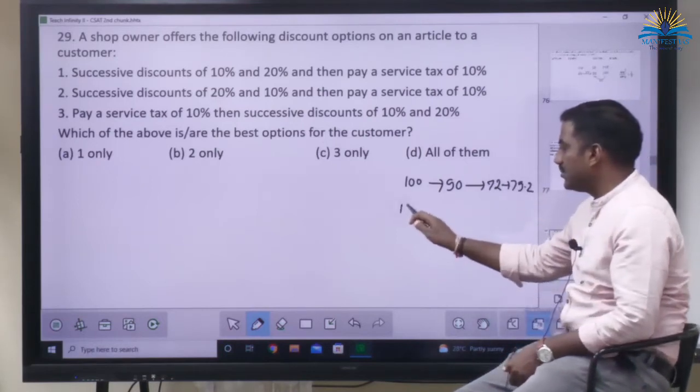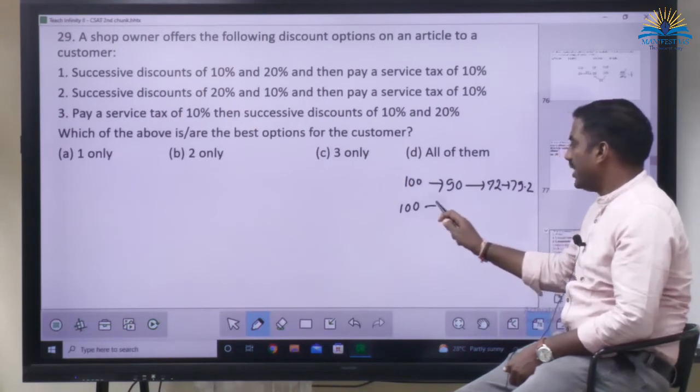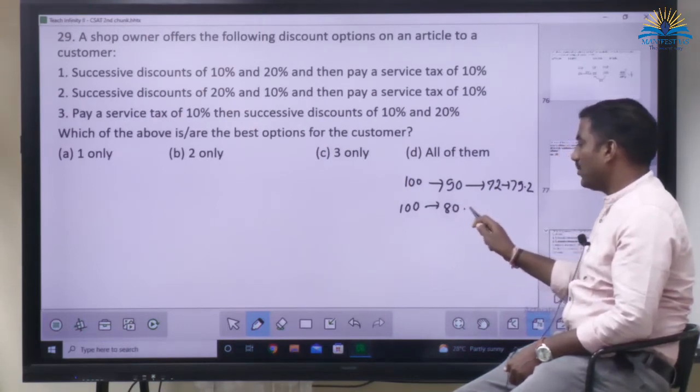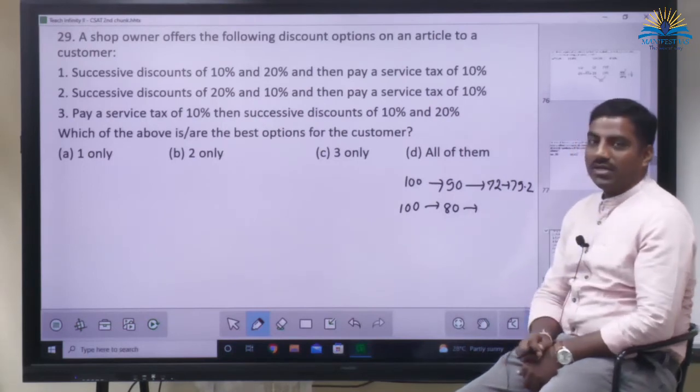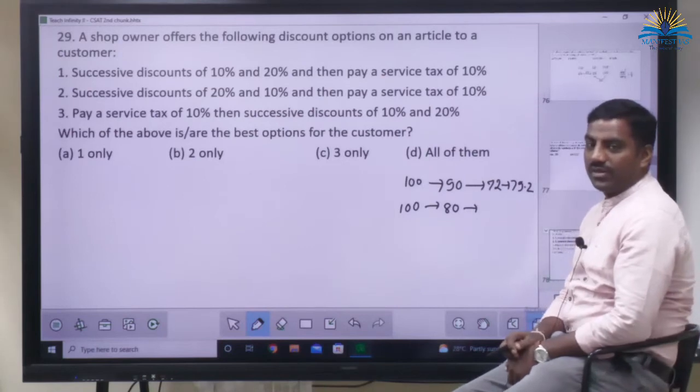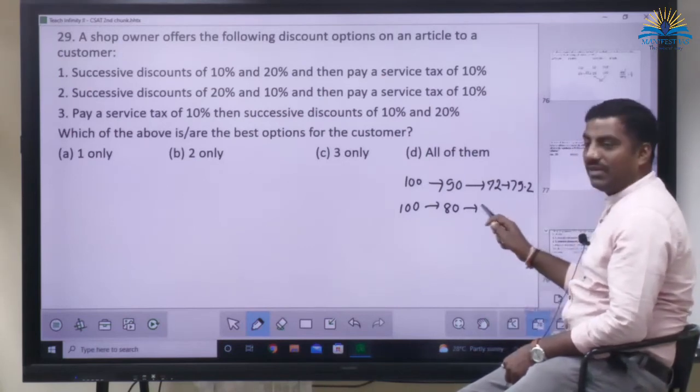Similarly, second case, 100, 20% discount. How much? Be careful. 10% on 80. 10% on 80 is 8. So 80 minus 8.